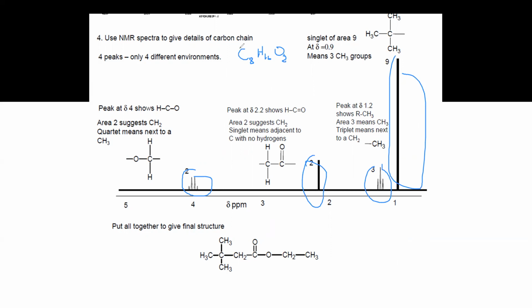So we have to arrange this C8, H16 and O2 so that we have 4 hydrogen environments. So when I arrange in this manner, like CH3, then CH2, C double bonded with O, O, CH2 and CH3. If I arrange the structure in another manner, I will not get 4 hydrogen environments.